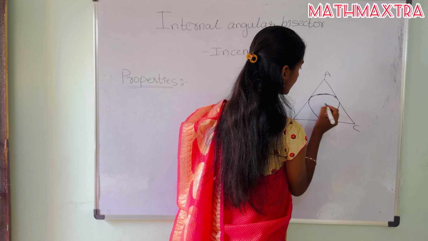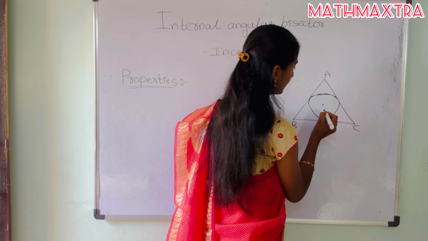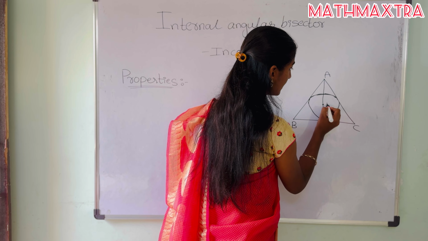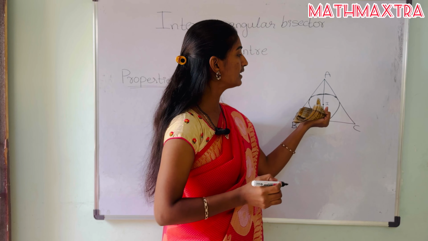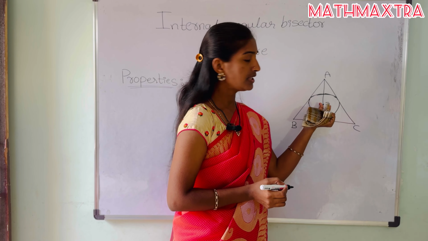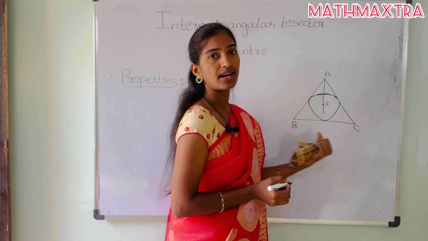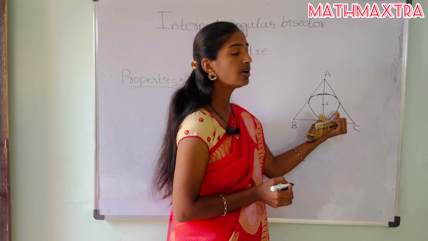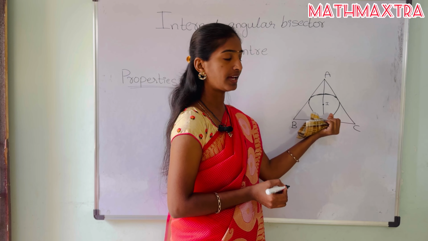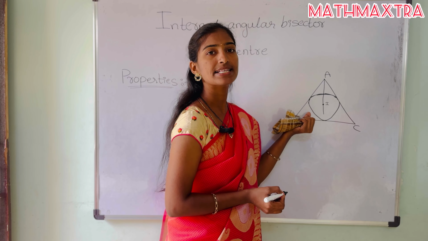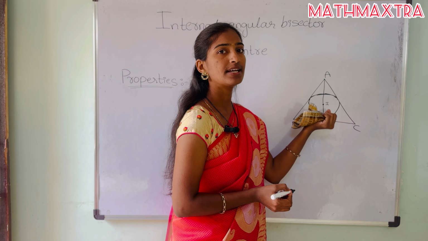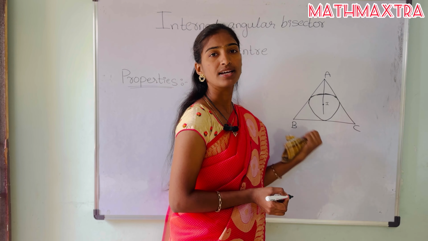This is the circle. This is the incenter. This is the angular bisector. This is the incenter I. This incenter I is also the center of this circle. As this circle is touching all the three sides of a triangle, we call this circle an incircle. So this incenter is the center of this circle.